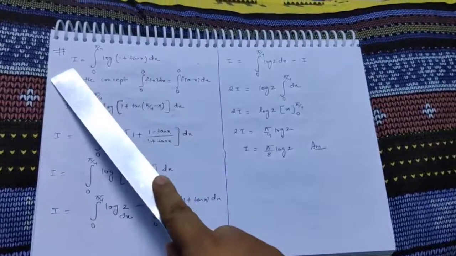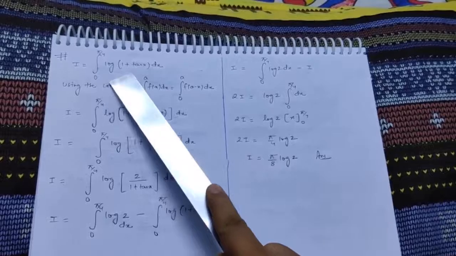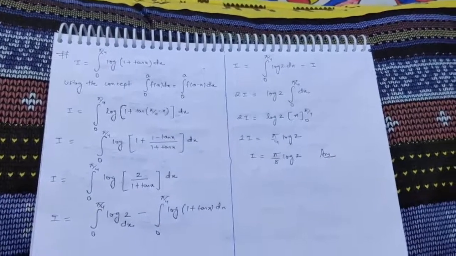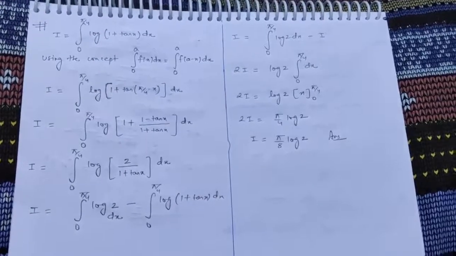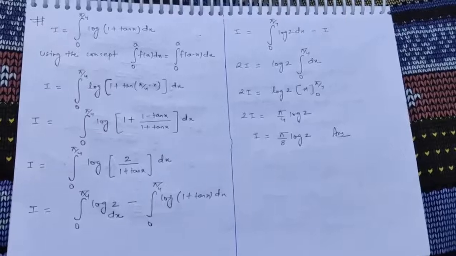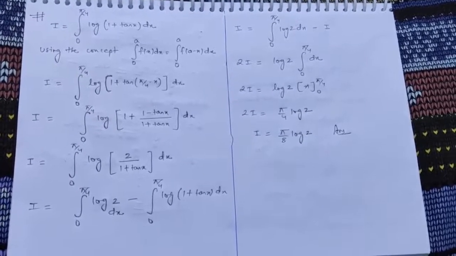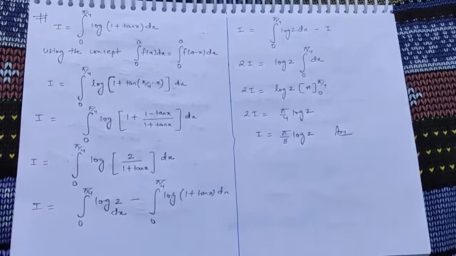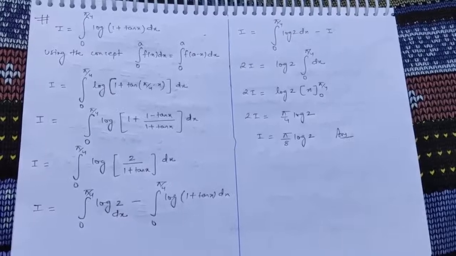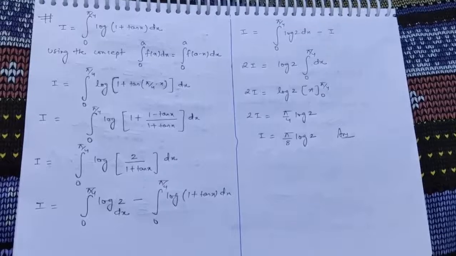Now in this question, I is equal to the integration of 0 to pi by 4 log of 1 plus tan x dx. In this question, using the concept of integration 0 to a f of x dx is equal to integration 0 to a f of a minus x dx, I have applied the concept here, which will give us I is equal to the integration of 0 to pi by 4 log 1 plus tan of (pi by 4 minus x), which is tan of (a minus b).